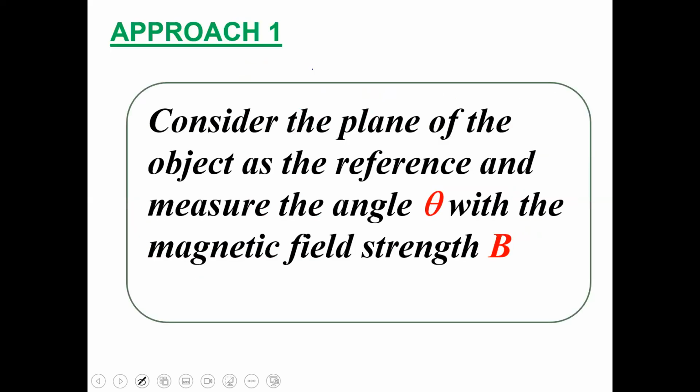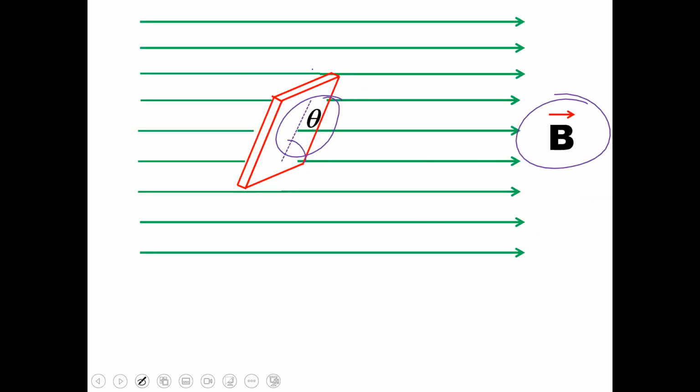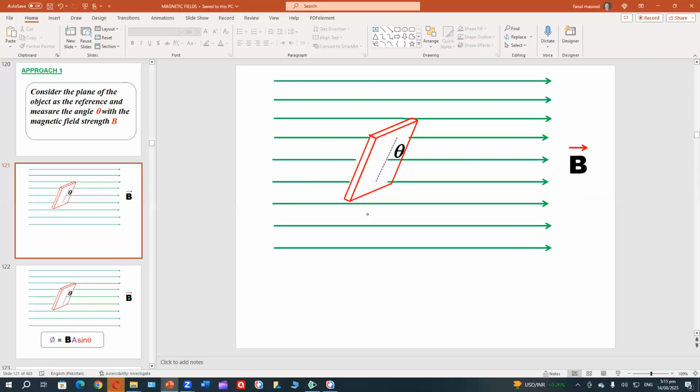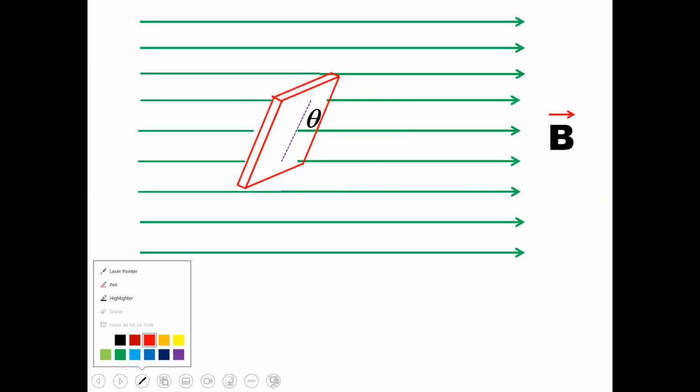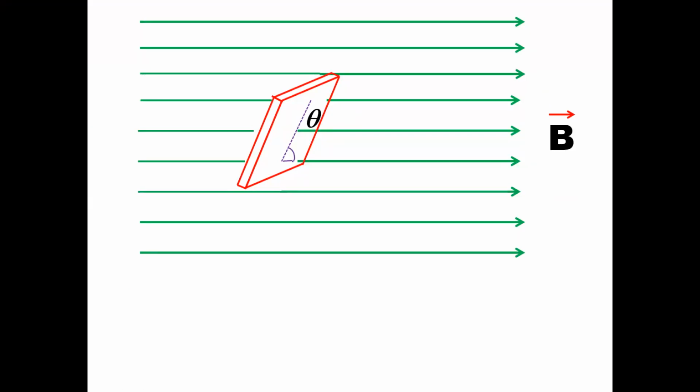Now you have to give a side heading, approach 1. And you have to copy this screen.